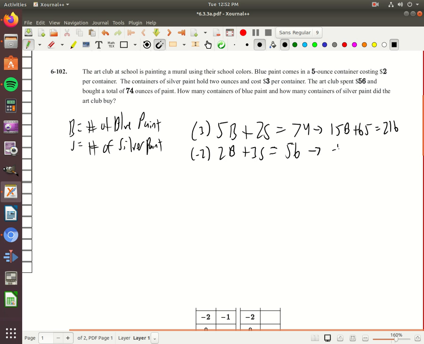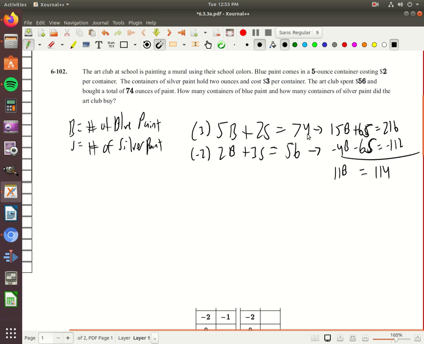I will get -4B minus 6S. My S's look like 5s there, sorry. Equals -112. So when I combine those, I'll get 11B. My S's will eliminate. And here it looks like I'm going to get 114.